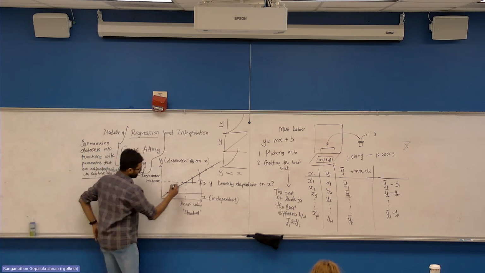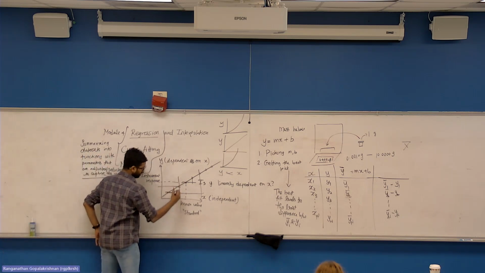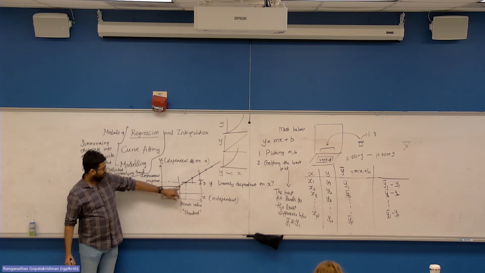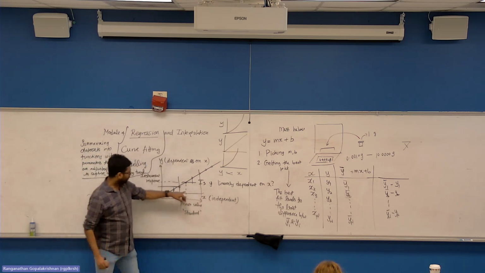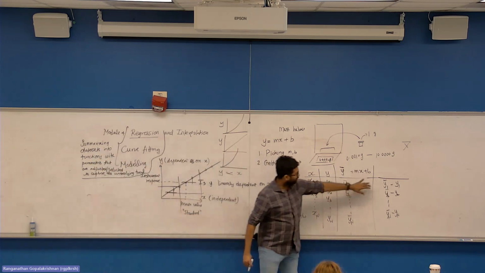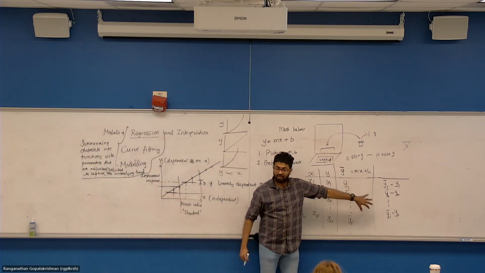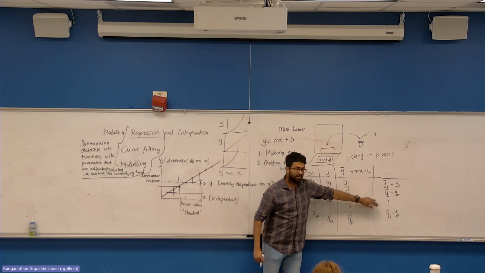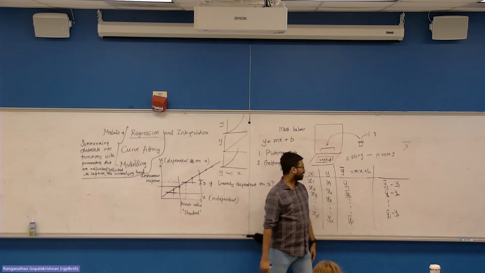So if you pick any one value, suppose you pick this value. Suppose you just take the difference between y fit and y for just this value, that doesn't necessarily mean that it will work for everything else. You have to pick something that minimizes the difference, not just for an individual, but for all of them. So what is the difference?